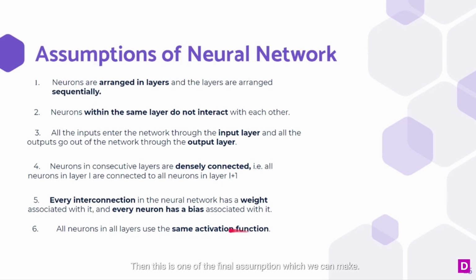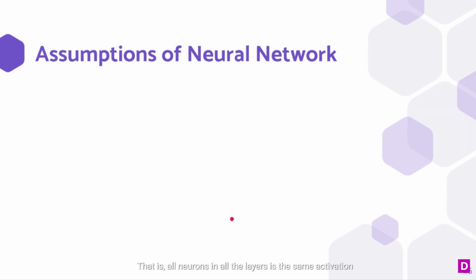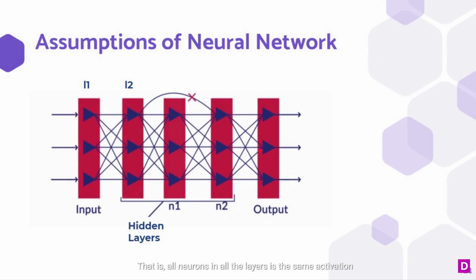Then this is one of the final assumptions we can make, that is, all neurons in all the layers use the same activation function. This is one of the major assumptions. The activation function which we use, either a softmax function or a sigmoid function, is applicable to all the neurons in the particular neural network.